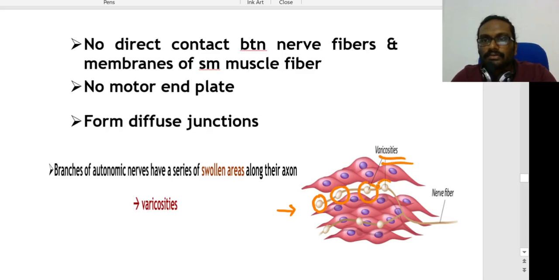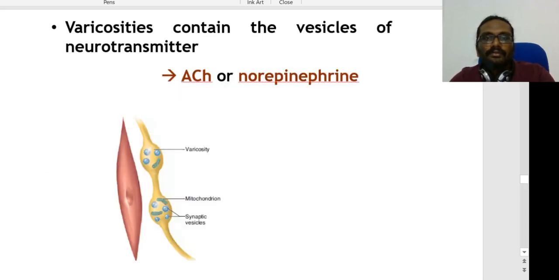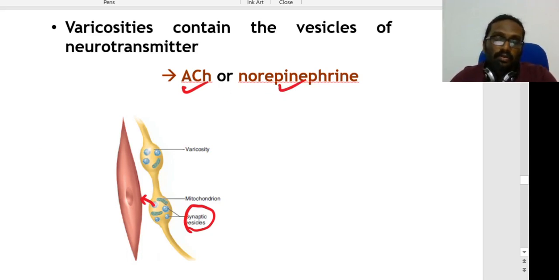And all these varicosities would have synaptic vesicles, and these will rupture and release their neurotransmitter, which is either acetylcholine or norepinephrine. I've learned about all these things. They will be released. So this is how a smooth muscle is different in its nerve supply.